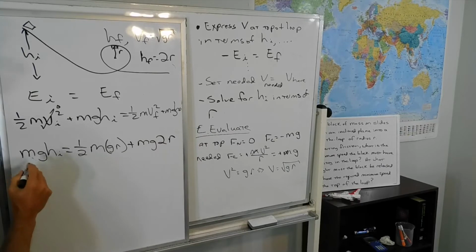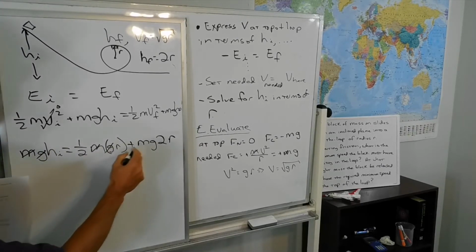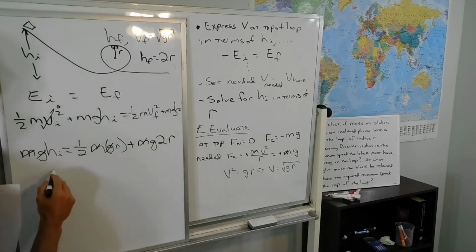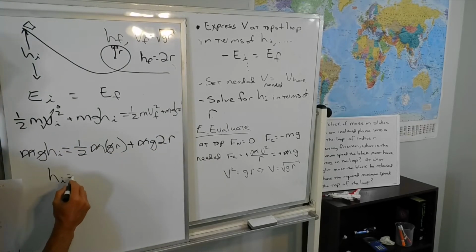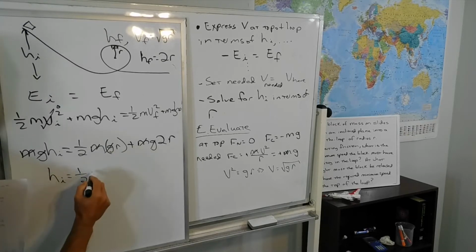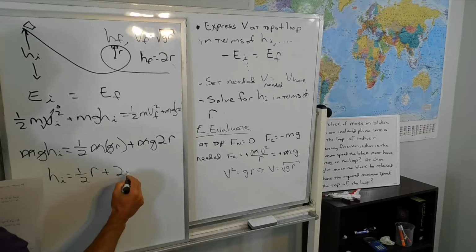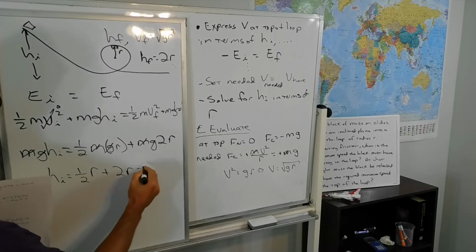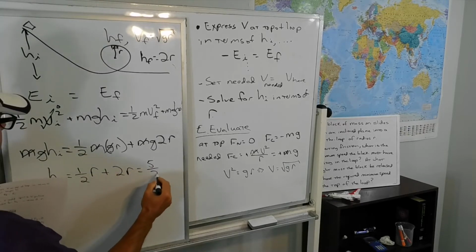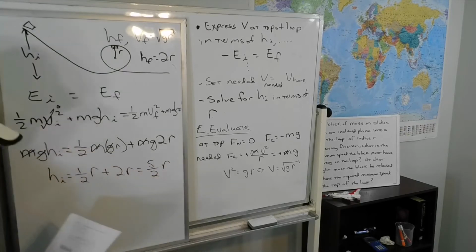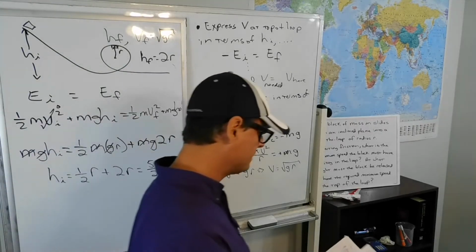So now we've got an mg in every term, so we divide through by mg. So h initial is equal to 1/2 r plus 2r, and 1/2 r plus 2r is 5/2 r, or if you prefer, you could write that out as 2.5 r.